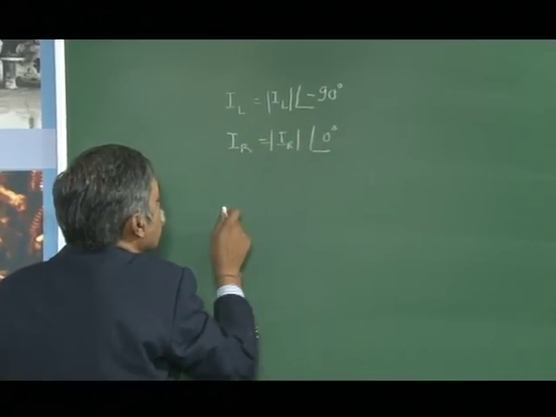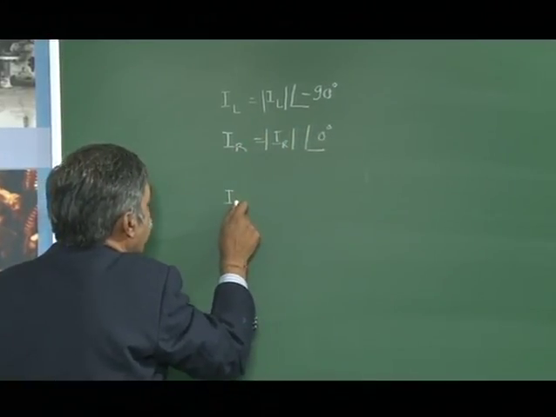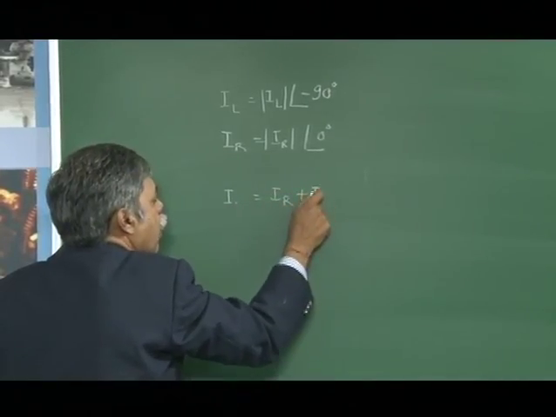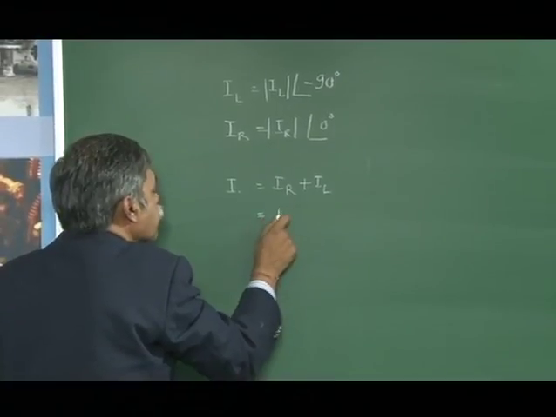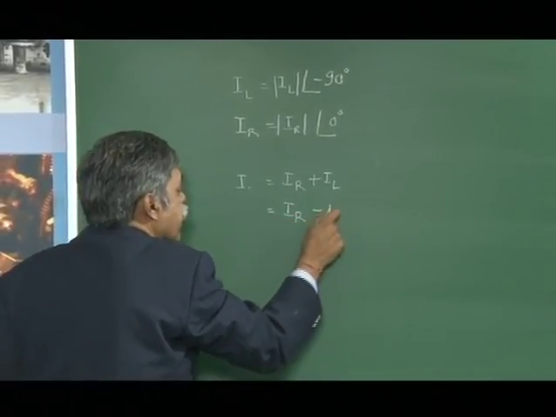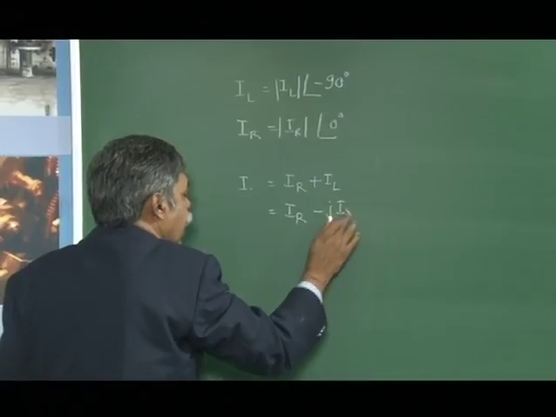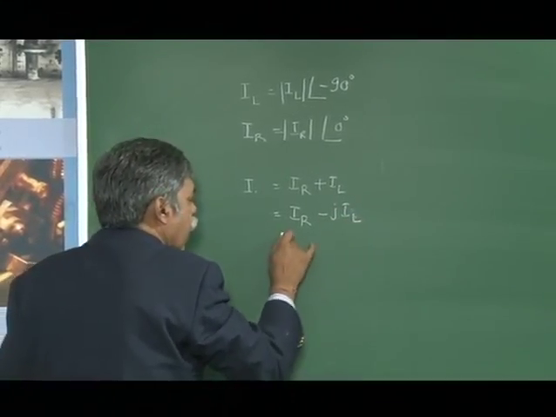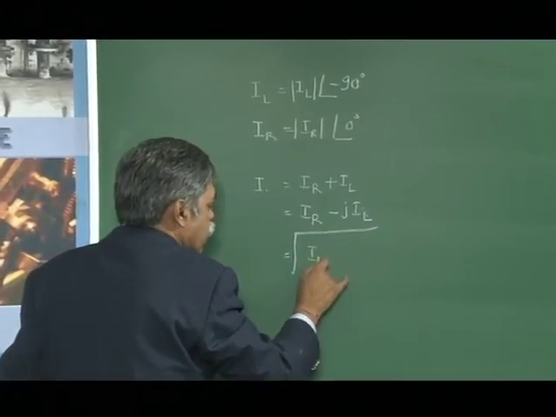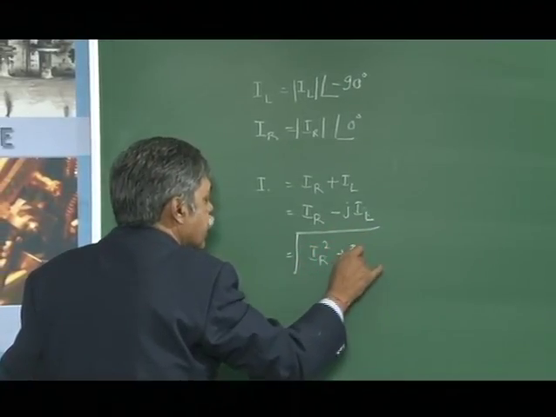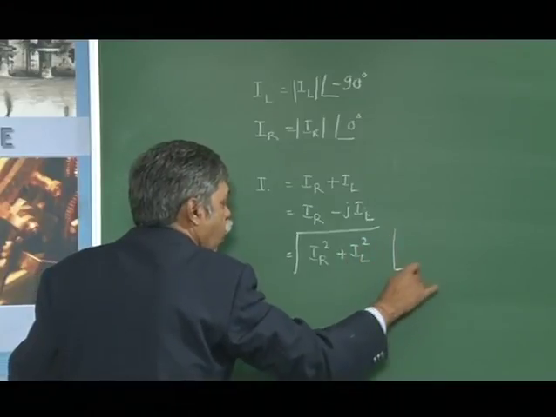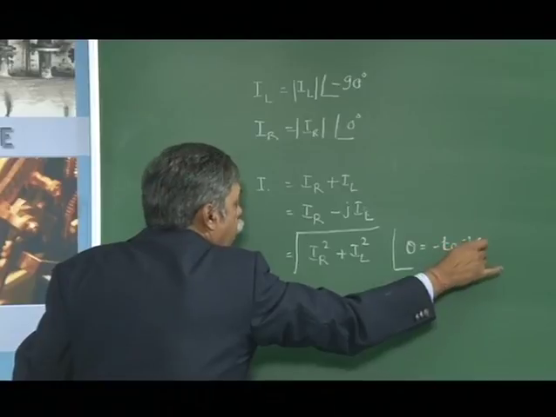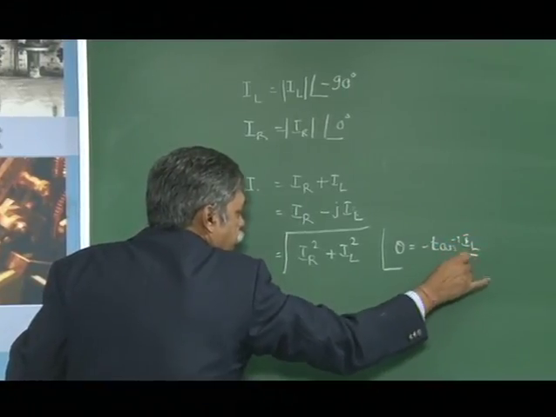Adding these two, I get the total current I equal to IR plus IL, that is IR minus j IL, or minus j I XL. This gives the total current, which will have a magnitude of the square root of IR squared plus IL squared, and the angle theta equal to minus tan inverse of IL divided by IR.